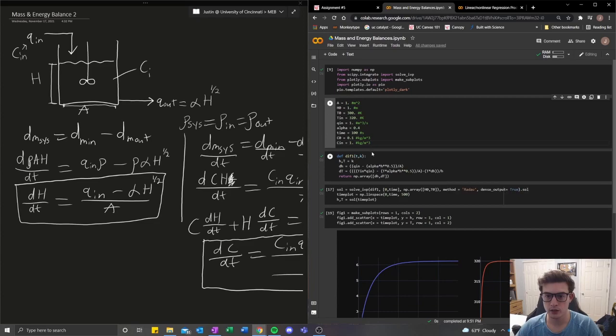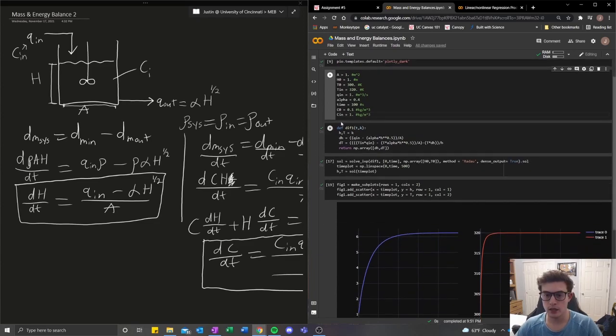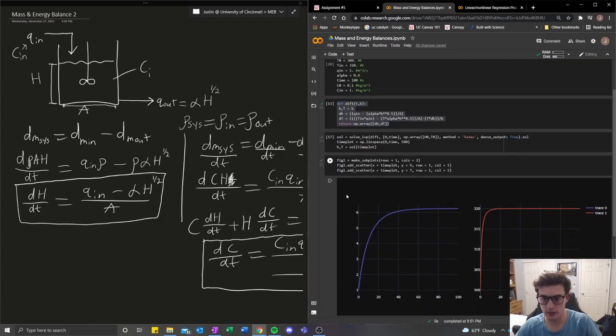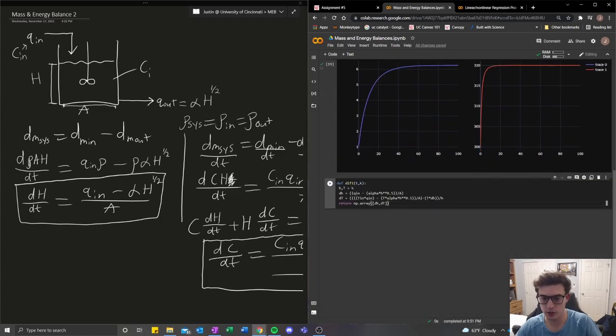All right, so I don't want to ruin the code we've already done, so I'm just going to copy and paste these, but we're going to be changing it up. We're going to call this our differential equation 2, and we don't want any more temperature values.